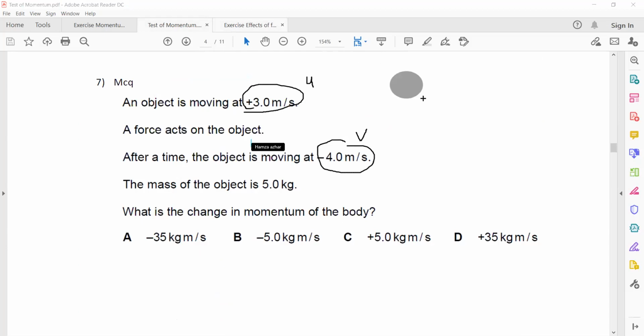Like if the object was moving towards right, initially the speed was 3 meter per second. It changes direction and the magnitude of the velocity as well, which is -4 meter per second.